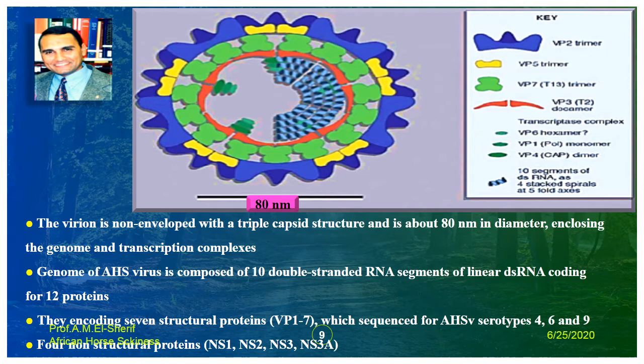They encode 7 structural proteins from VP1 up to VP7, which were sequenced for African horse sickness virus serotypes 4, 6, and 9, and 4 non-structural proteins from non-structural protein 1 up to non-structural protein 3A. This is the diagram that describes what I said.